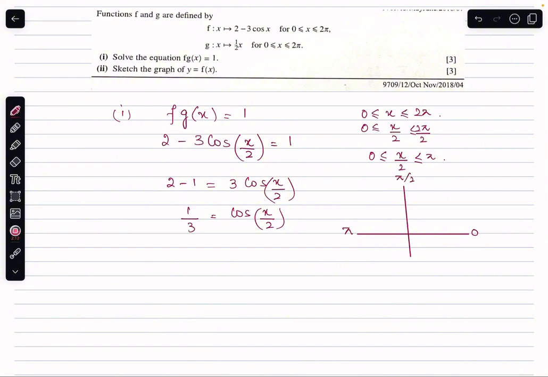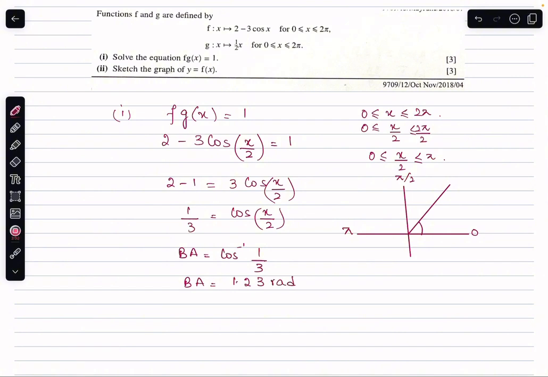But again, cosine is positive, therefore I will go only for the first quadrant, and I should be getting the basic angle here. So it should be the basic angle for cos inverse of 1 by 3 in radians. The basic angle here is going to be 1.23 radians.